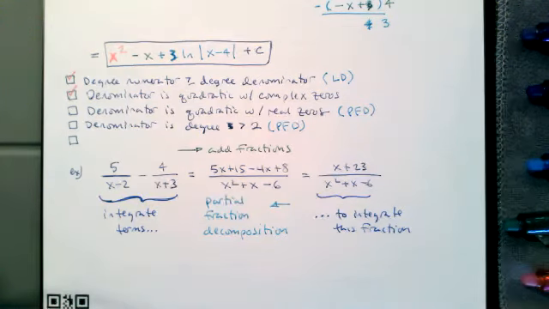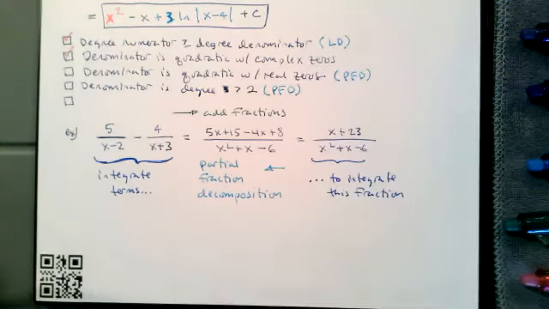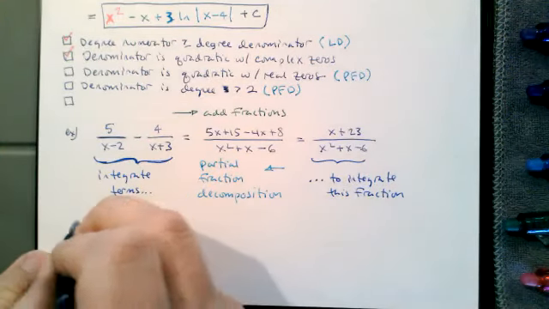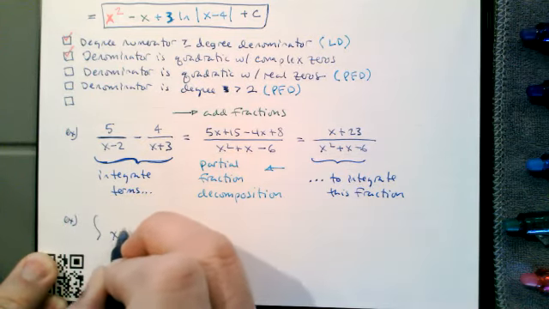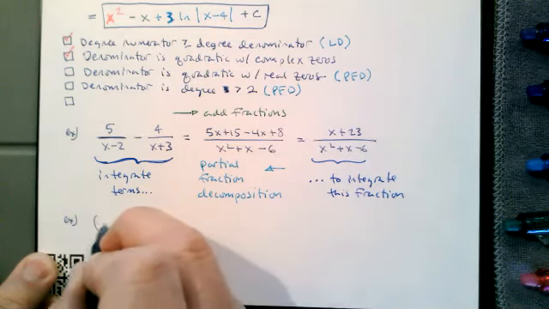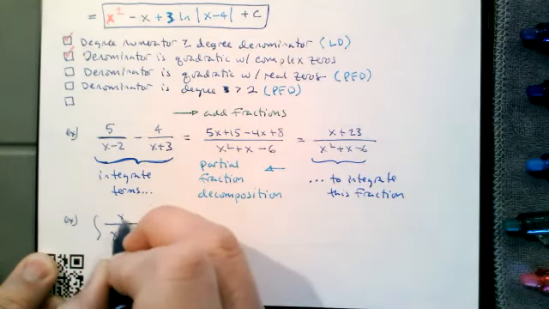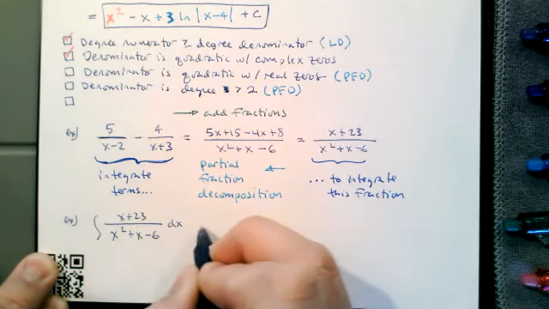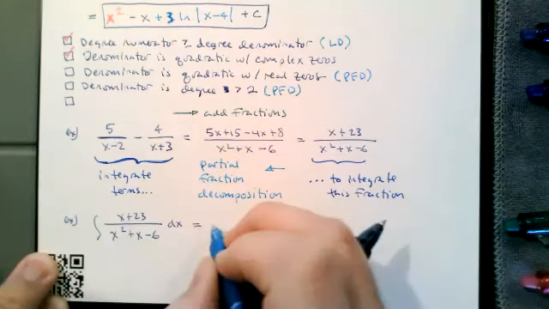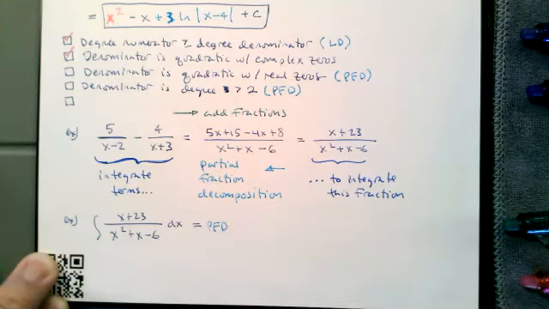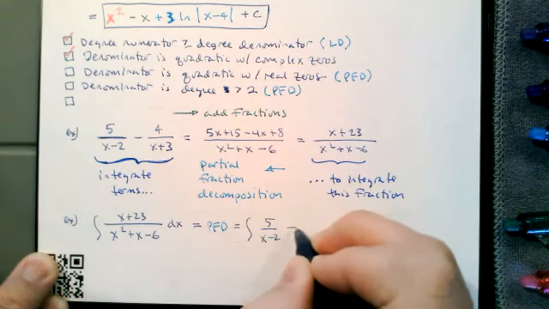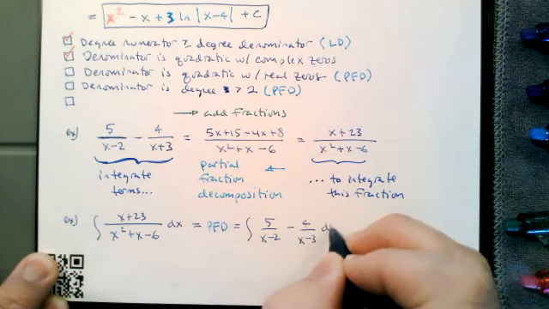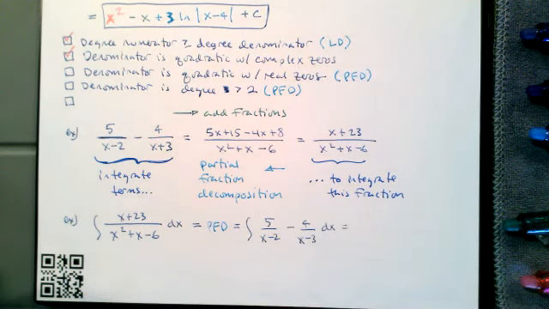We're going to have to learn partial fraction decomposition. And the reason that we need it is that it's going to, once again, be an algebra trick to help us rewrite an integrand. Because if, for example, I wanted to integrate x plus 23 over x squared plus x minus 6, the technique is to do partial fraction decomposition to rewrite the integrand as 5 over x minus 2 minus 4 over x plus 3, because now I have just base cases.